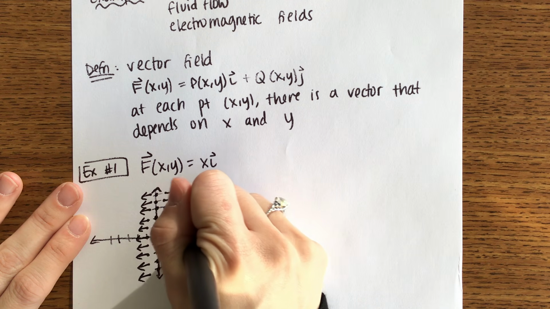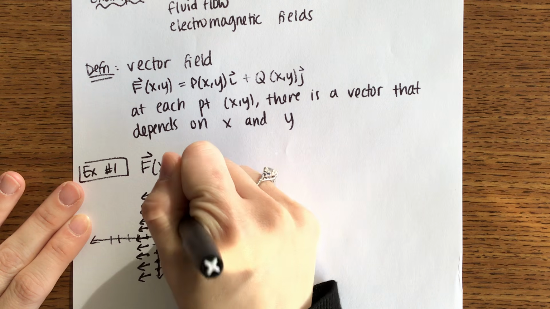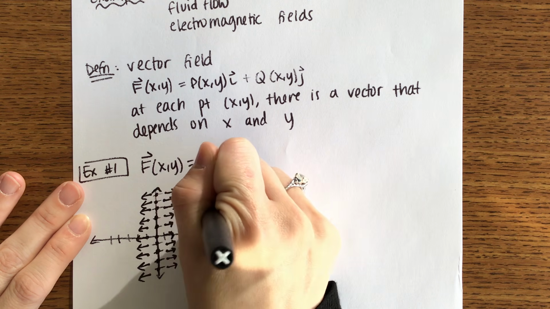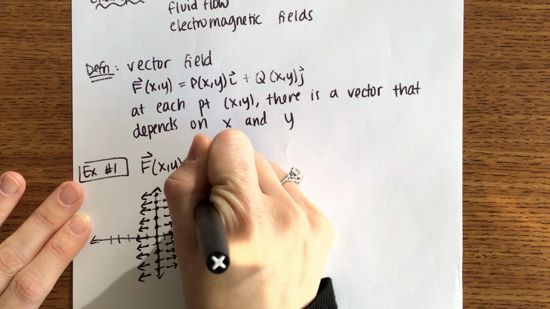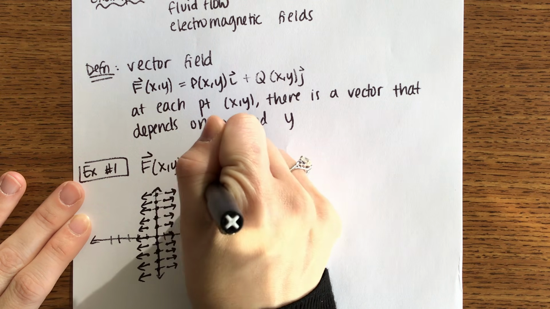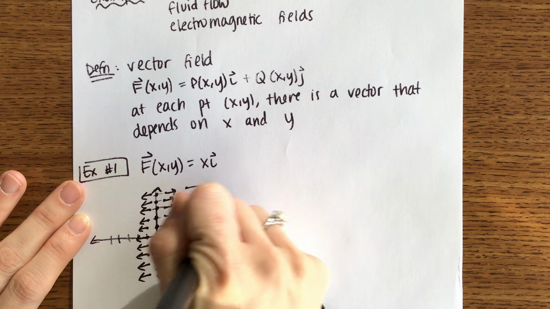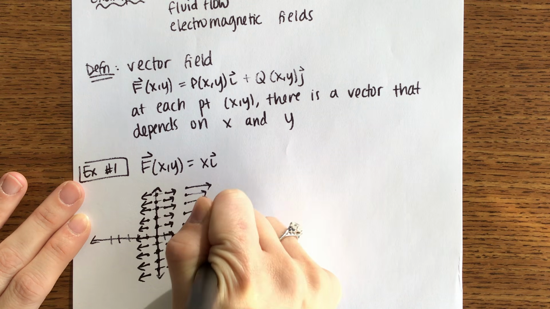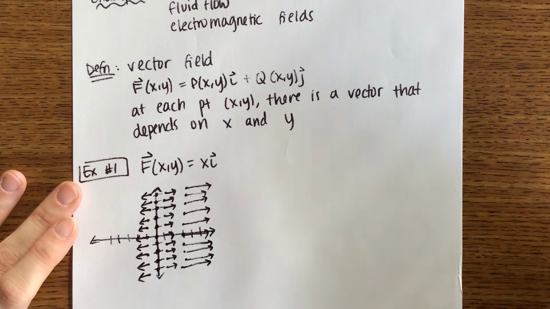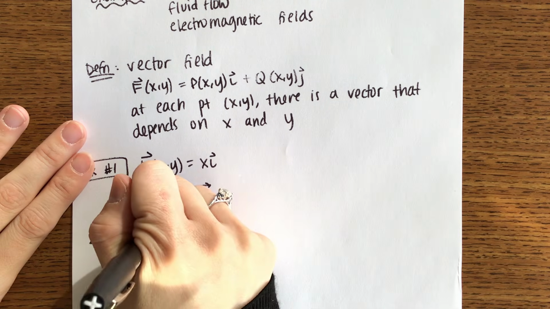So at 3, we have a vector of length 3. Do you guys get the idea? Now would be a good time to answer. Okay, great.